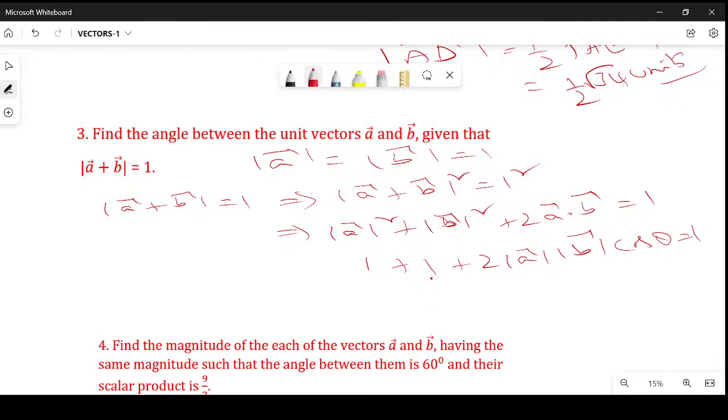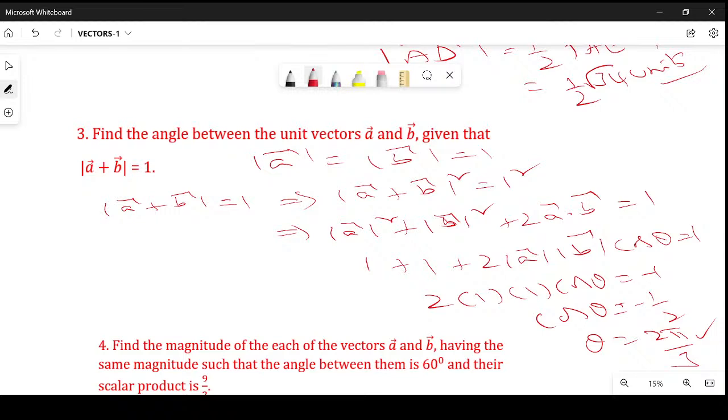Again we know that 1 plus, when you transfer that side, 2 into mod A bar, which is 1, mod B bar, which is 1, cos theta is equal to 1 minus 2. It will become minus 1. So you will get cos theta equal to minus 1 by 2. Then theta equal to 2 pi by 3. When cos theta is negative, minus 1 by 2, that will be 2 pi by 3.